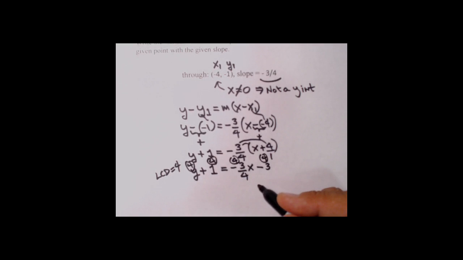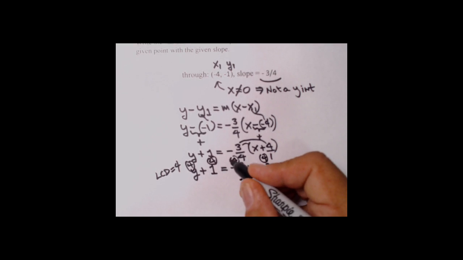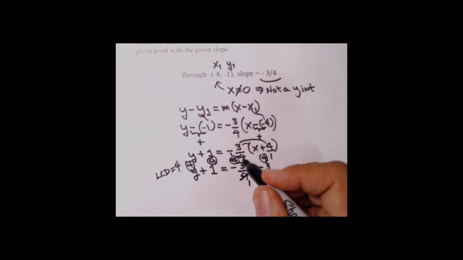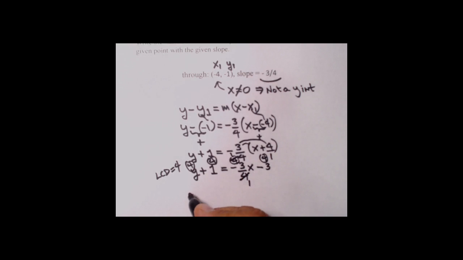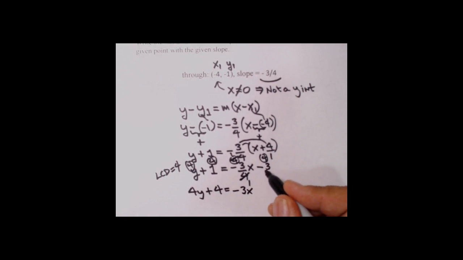Okay, now there's only one denominator that we reduce out, this guy right here. Now carefully put the leftovers back together. I got 4 times y plus 4 equals, now remember we canceled out the denominator here, so it's only -3x, and then the full 4 is here, so -3 times 4 is -12.